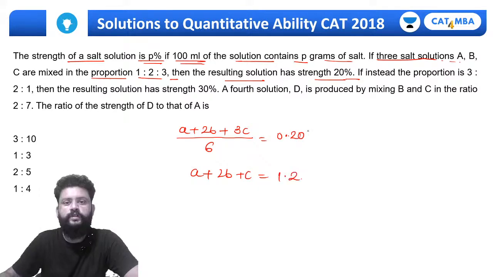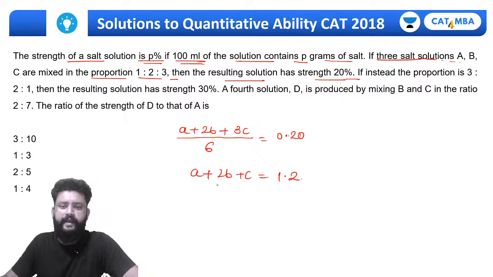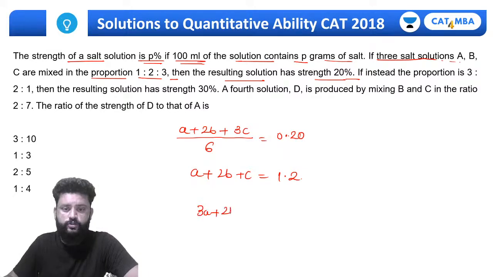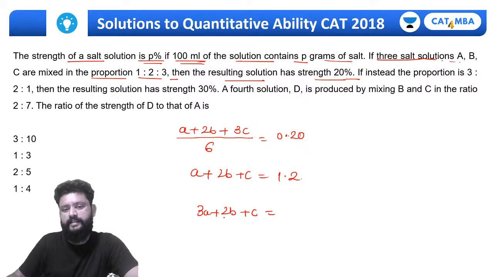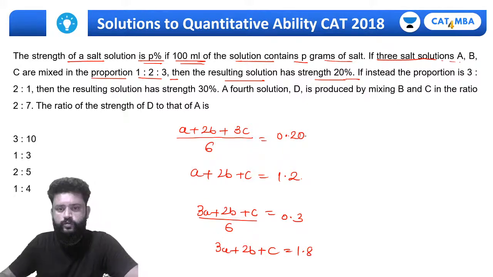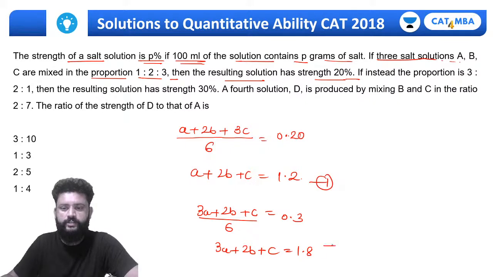The same way, the next equation we can get is, if instead of 1:2:3 the proportions were 3:2:1, then 3A plus 2B plus C will be equal to 30%, that is 0.3, divided by 6 into 0.3, that is 3A plus 2B plus C must be equal to 1.8. This is equation 1 and this is equation 2.